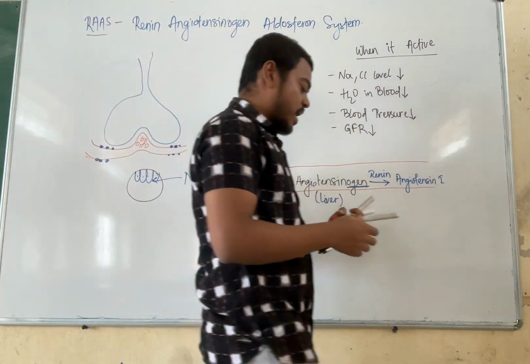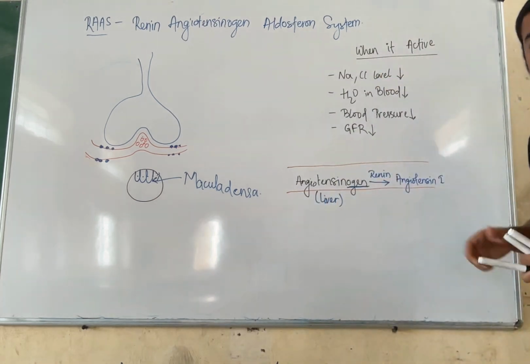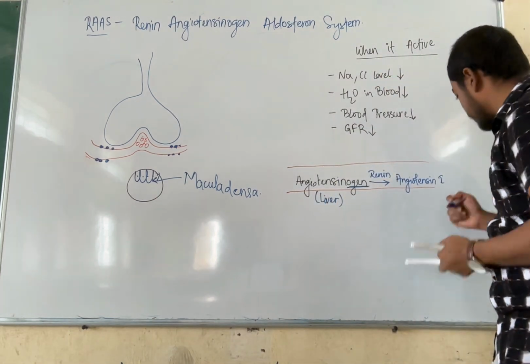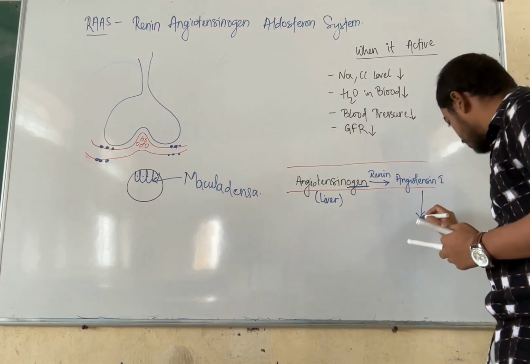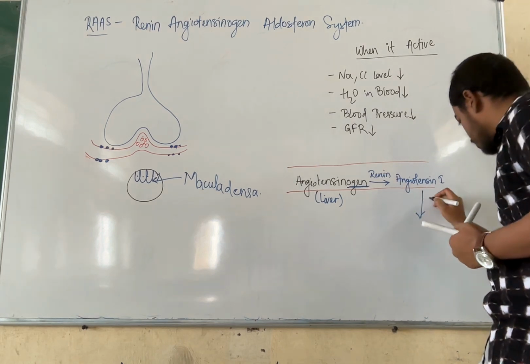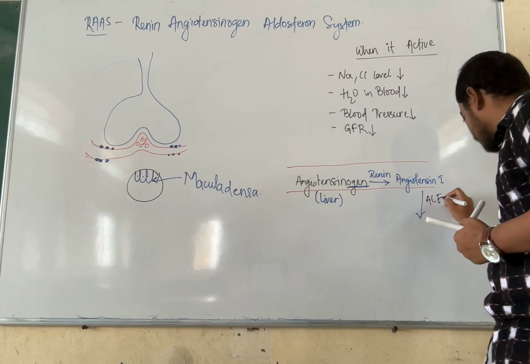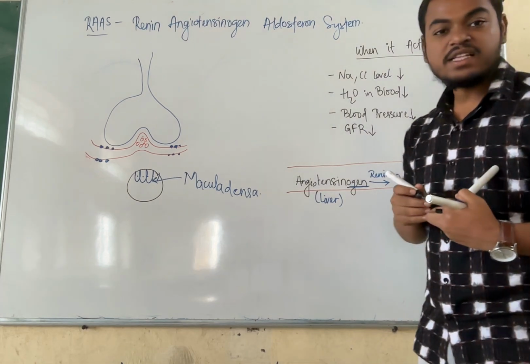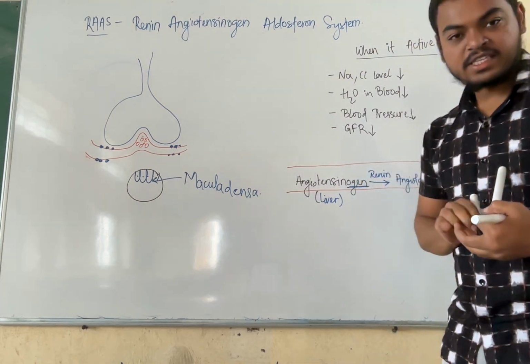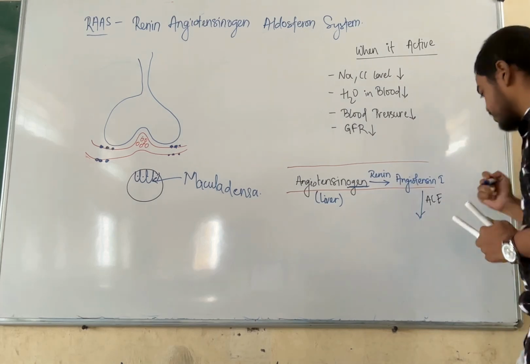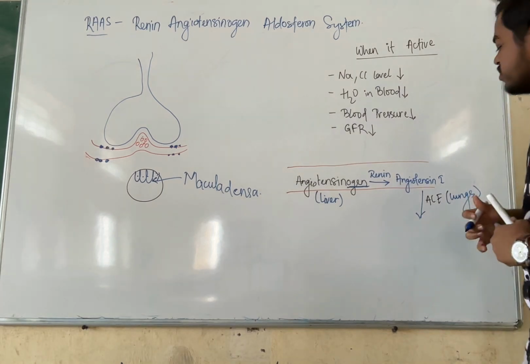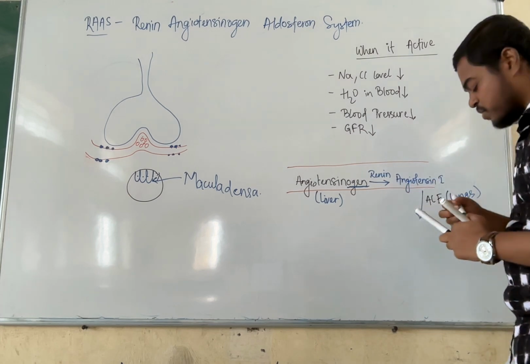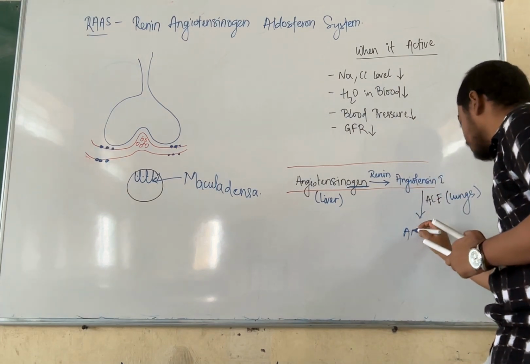Another enzyme, ACE, the angiotensin converting enzyme, is basically secreted from the lungs. Further, angiotensin 1 is converted into angiotensin 2.